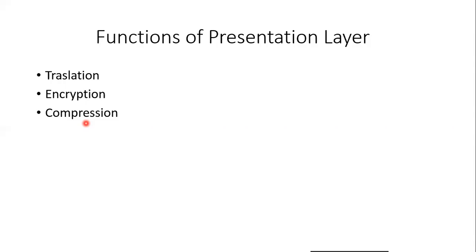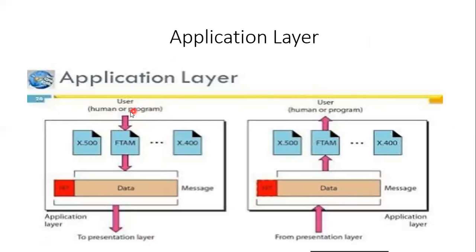Then the last layer is the application layer. This is the user layer, so the human or a program can interact with the system. The application layer is closest to the user and it provides network applications to the user applications.